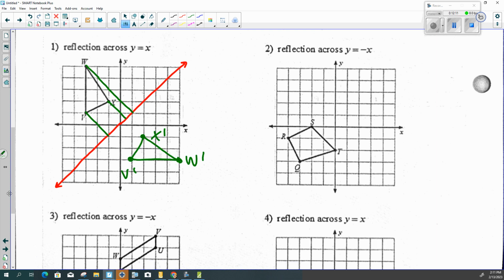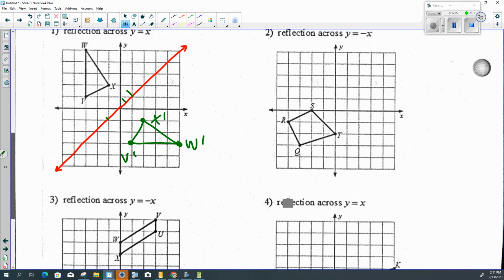If you turn your paper diagonal so that your line of reflection is straight up and down, you can see it better than when it's tilted like this. All right, let's do one more.